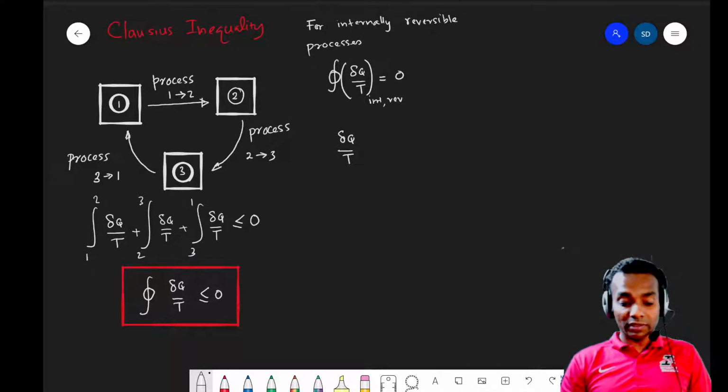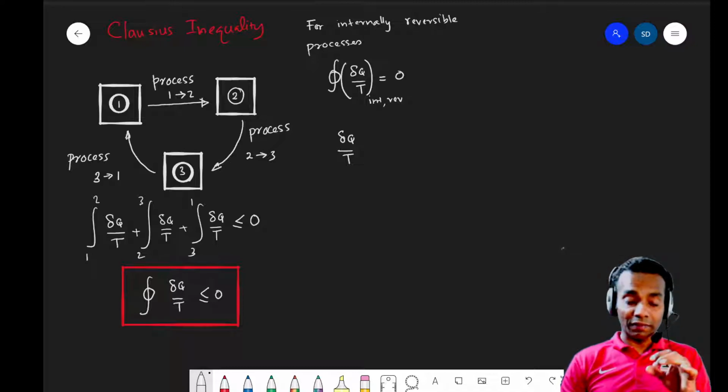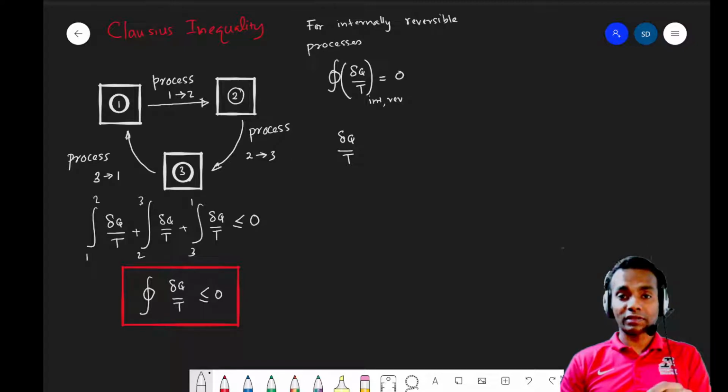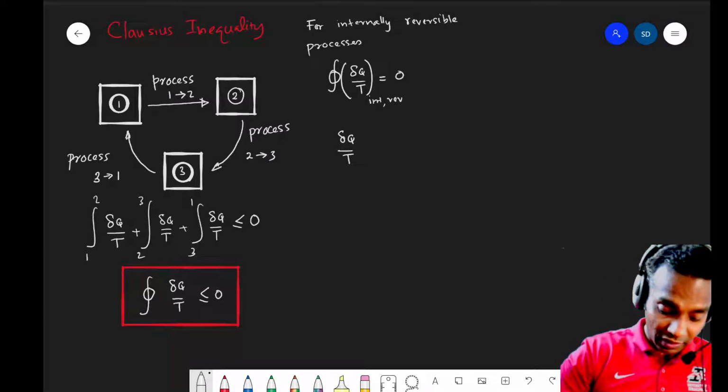Now let's say at state 1 this delta Q over T is 5, and at state 2 it is 10. It doesn't matter what process takes place when the system transfers from state 1 to state 2; as long as the two states are identical, the quantities at each state have the same values as before. So this is state dependent.